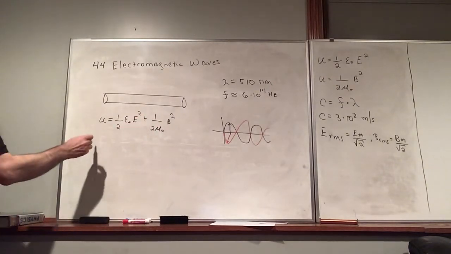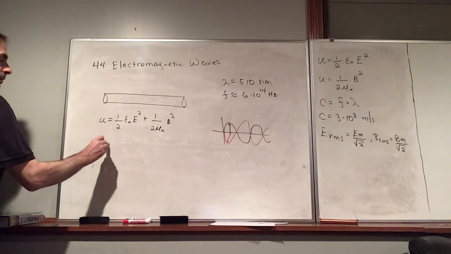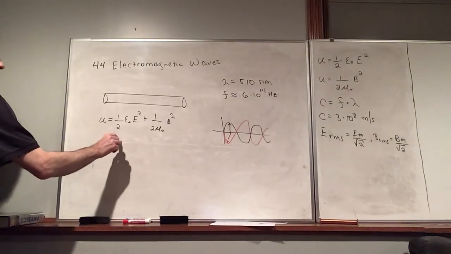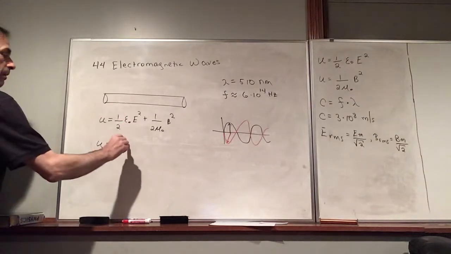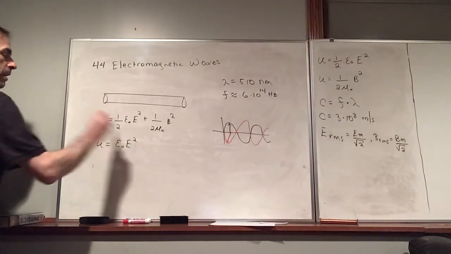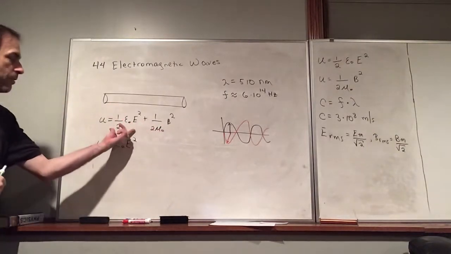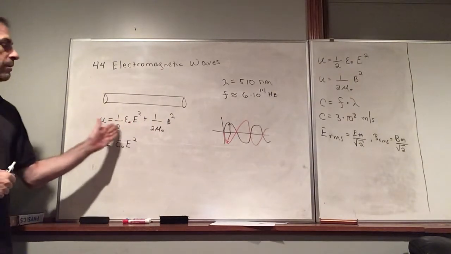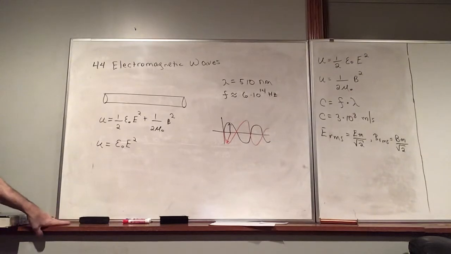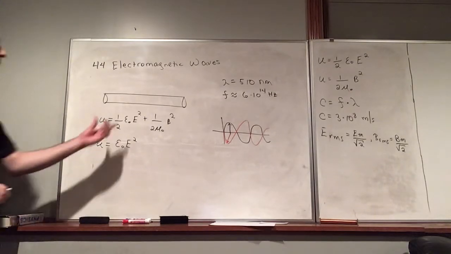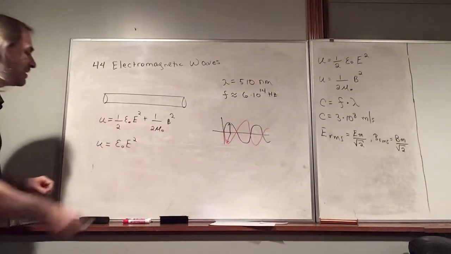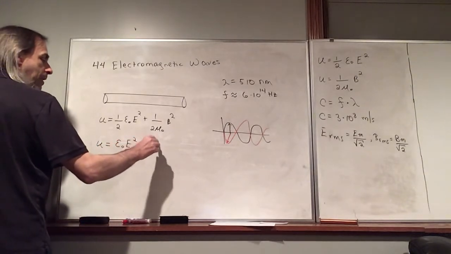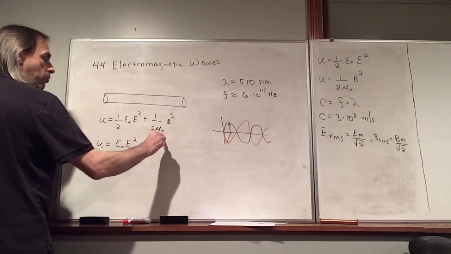So we can state the energy density in two different ways, other than the basic one. If we say that this term is equal to this term, we replace the second term with the first one, add them up, and just get rid of that factor of 1/2. Similarly, we can replace the first term with the second and get rid of the 1/2 that way as well.